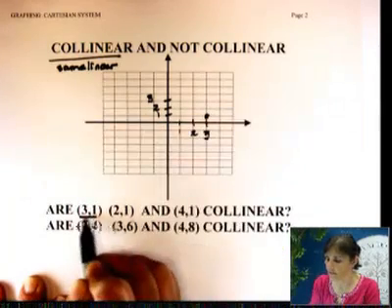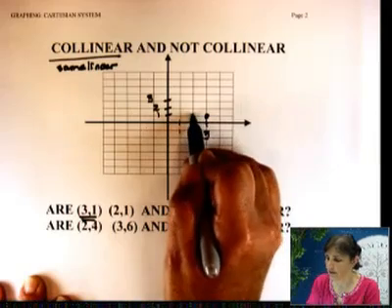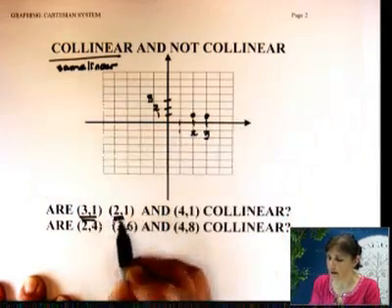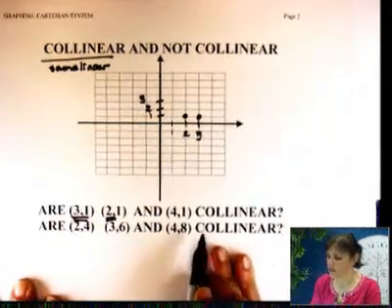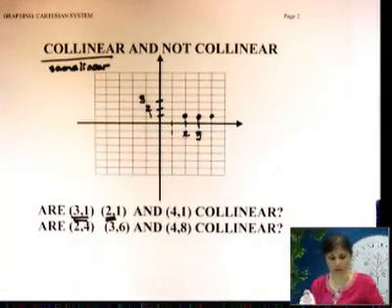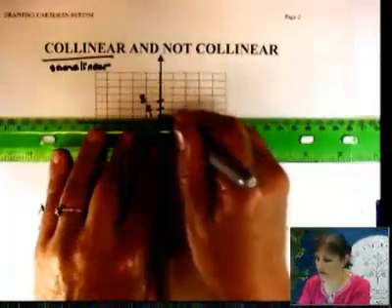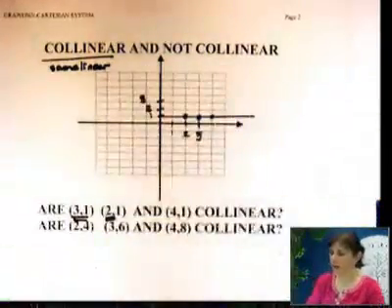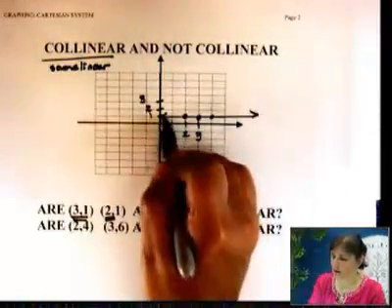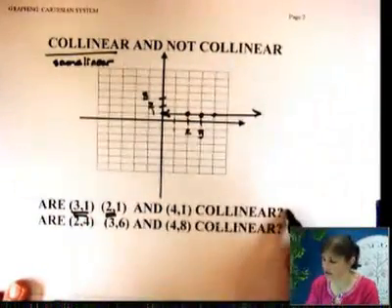Let's do (2, 1). To the right 2, up 1. And (4, 1). That one is to the right 4 and up 1. Now let's see if those are collinear. It looks like, even with my drawing, they are collinear. Let's put arrows. That means they go forever to the right and left. These are collinear, yes.